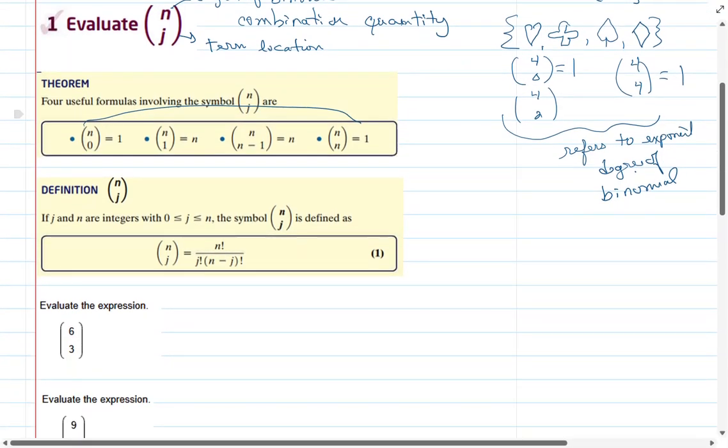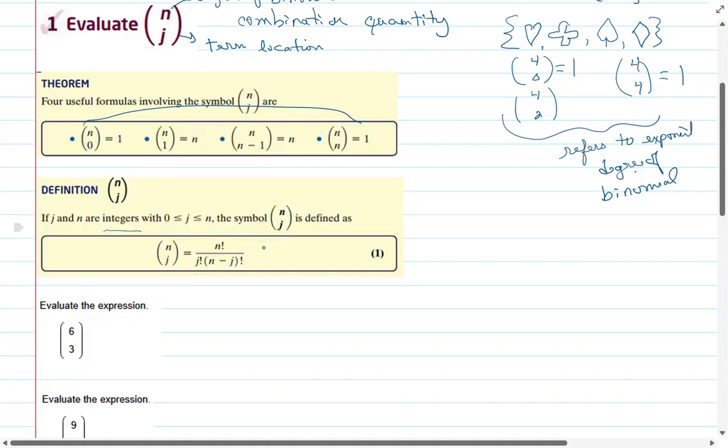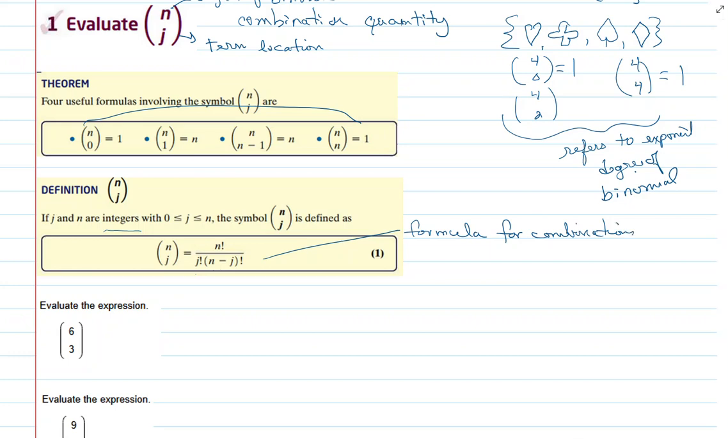So then it says, if j and n are integers, which it has to be, between 0 and n, the symbol n over j is defined as n factorial over j factorial times n minus j factorial, which is the formula for combinations.